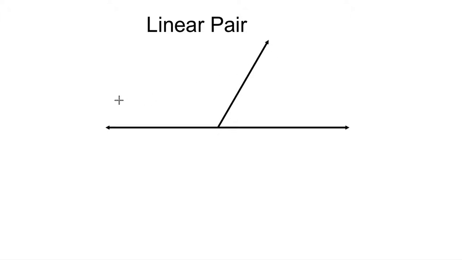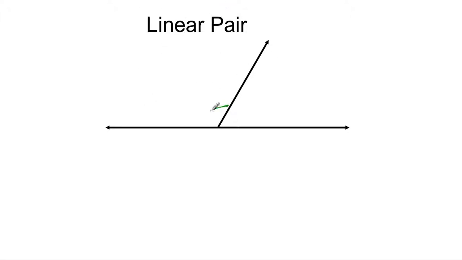Now there's also the idea of a linear pair. Pair means two, and then linear, well, we could see line in that. So a linear pair is nothing more than two angles that make up a line.